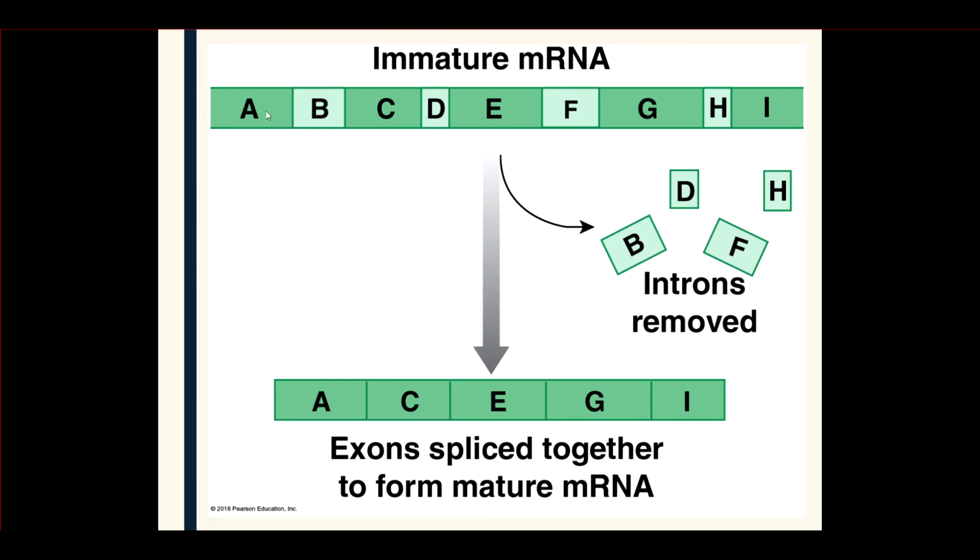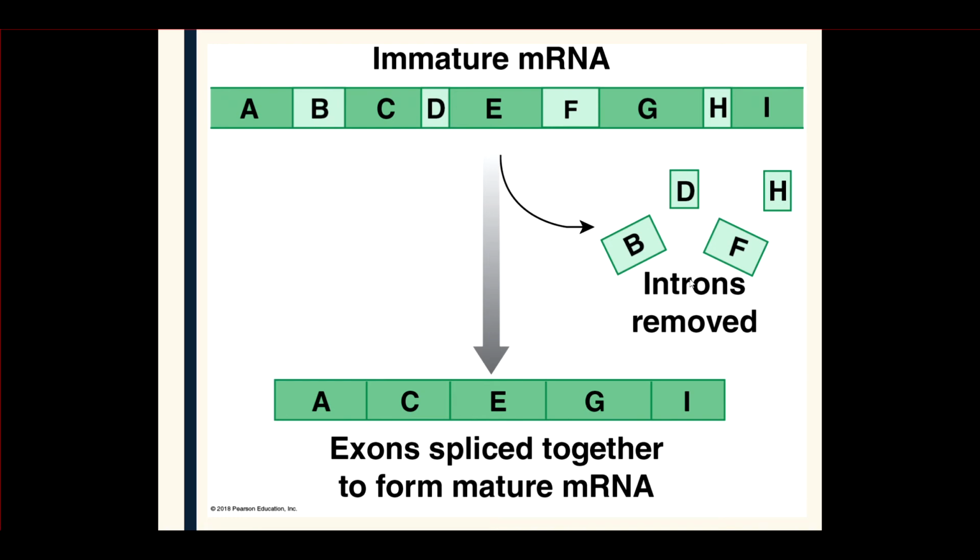Then we can splice together, they call them splicing enzymes, the remaining parts of the messenger RNA that we do need. So notice, guys, we put A, C, E, G, and I together. These parts that we do want to keep, like in this case, the A, C, E, G, and I, we call them exons, right?